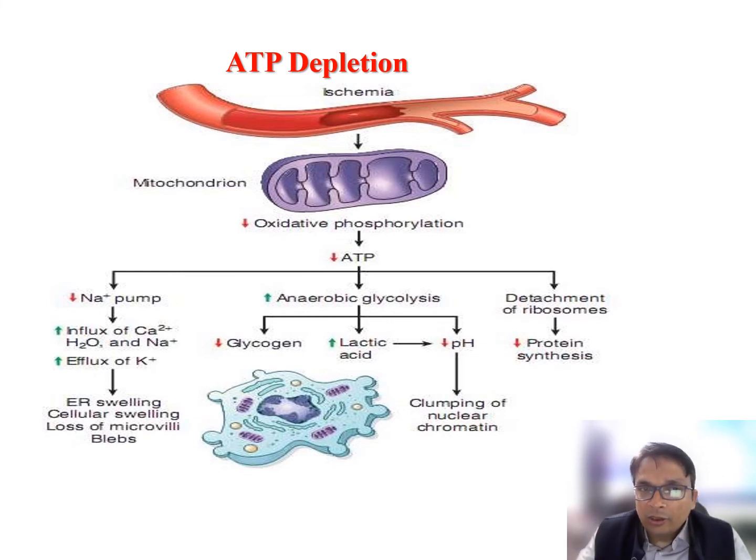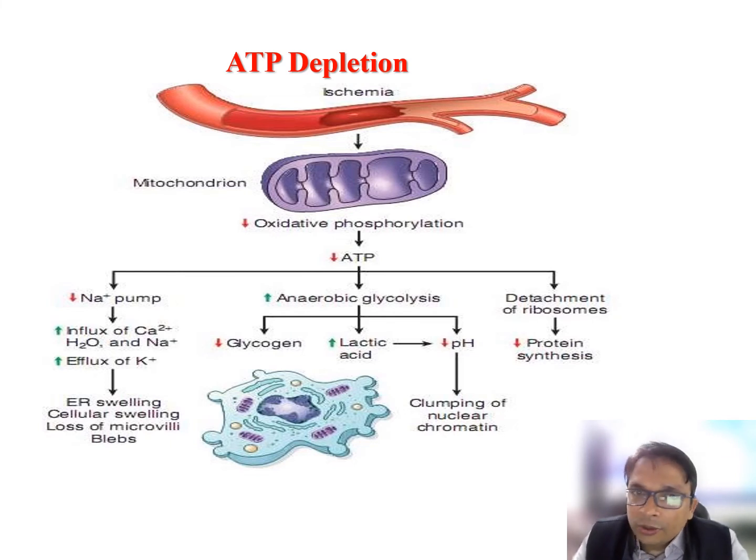So if anaerobic glycolysis increases, the glycogen quantity will reduce because it will break down. Lactic acid synthesis will be more over there. Both these things result in a decrease in the pH of the cytoplasm, which will result in lactic acidosis.